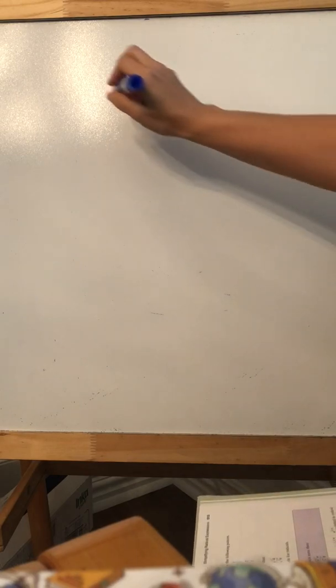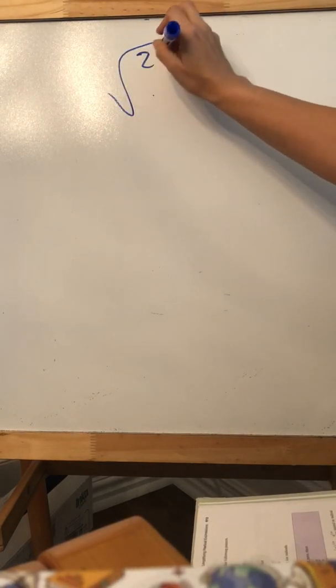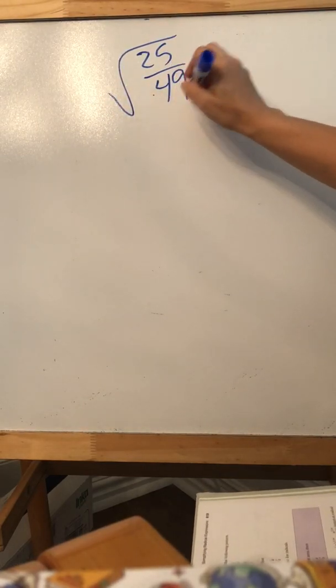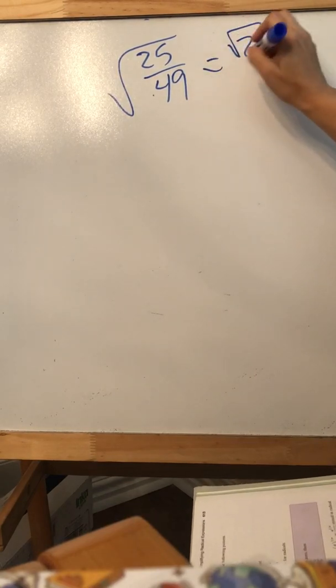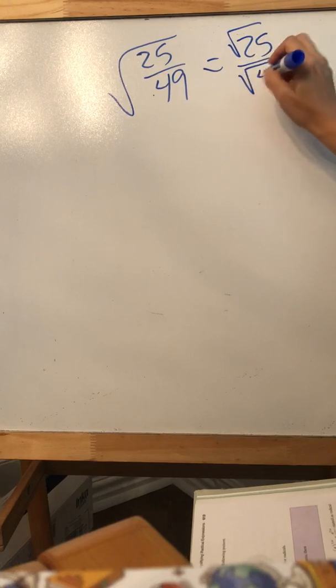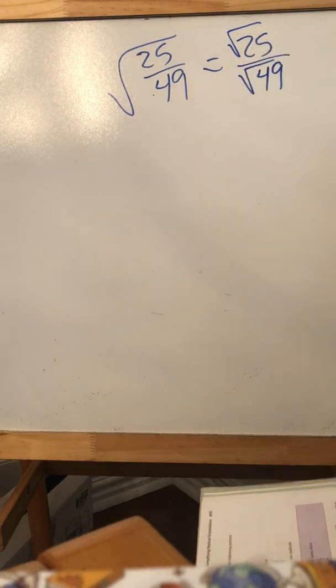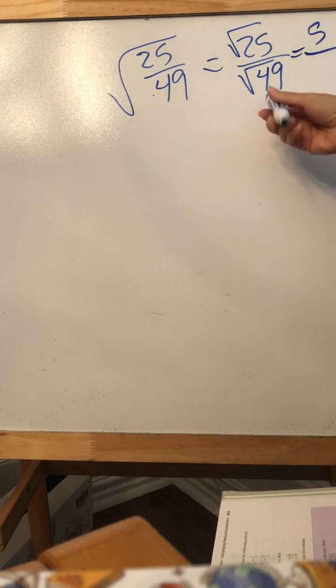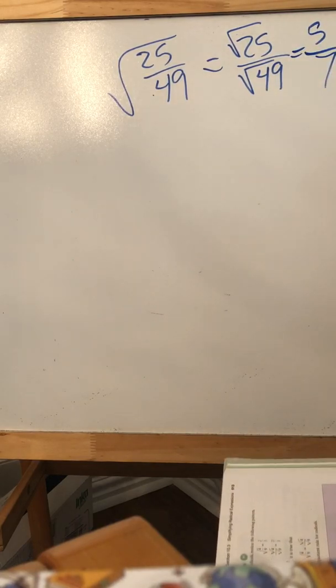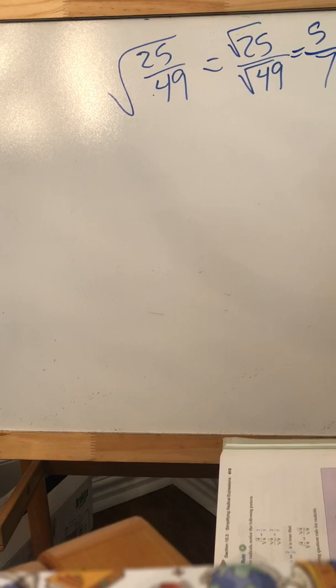Okay, example 2 is the quotient rule. So if you have the square root of 25 over 49, that can be simplified to the square root of 25 over the square root of 49. Well, we know the square root of 25 is 5, and the square root of 49 is 7, so you just end up with 5/7.